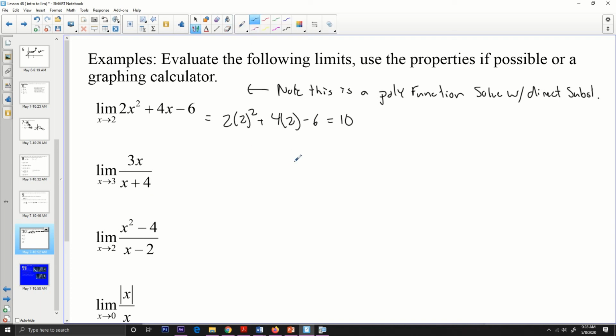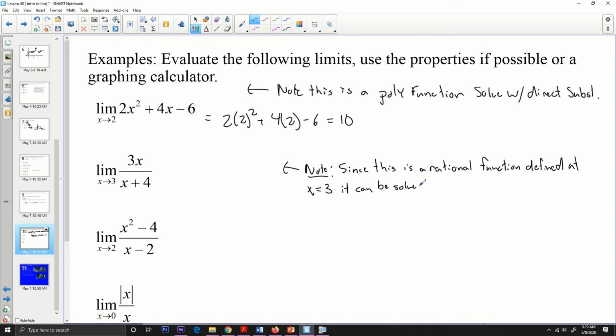So we can say, note, since this is a rational function that is defined at x equals 3, it can be solved with direct substitution.